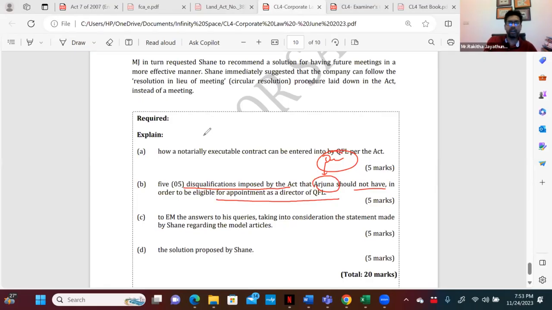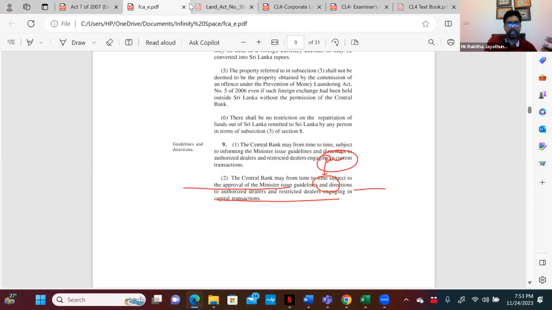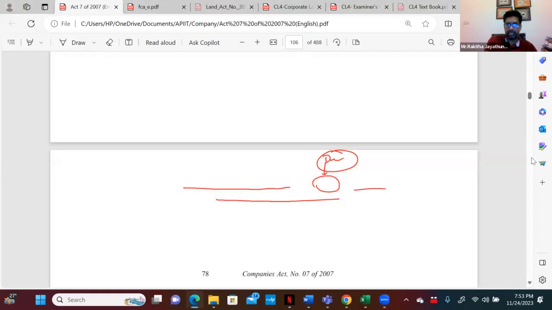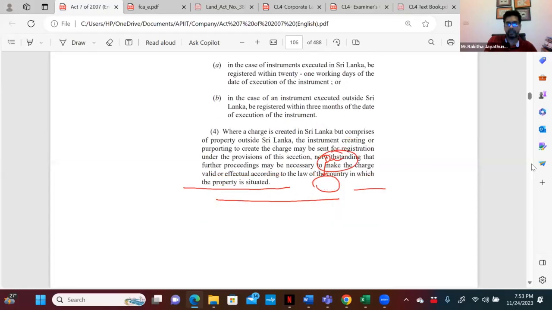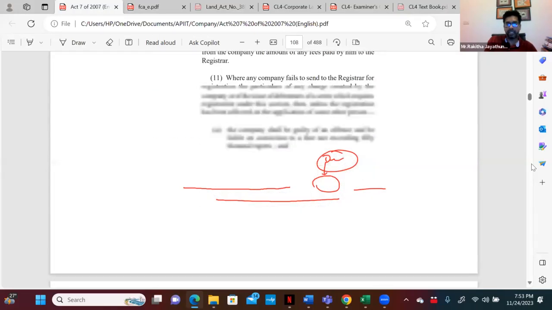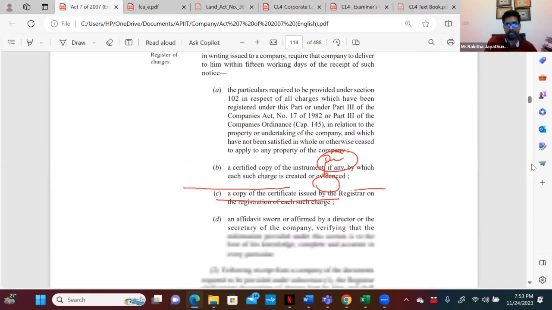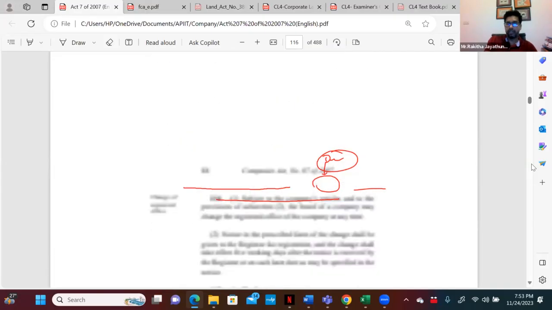So what you have to do is go to the Companies Act and figure out what the disqualifications are. There is one whole section setting out the disqualifications of a director. Is it something difficult?